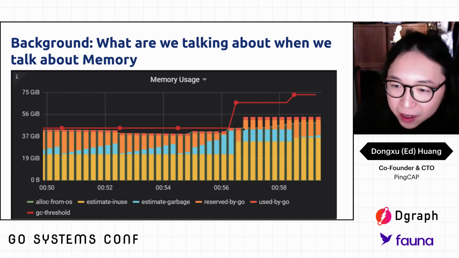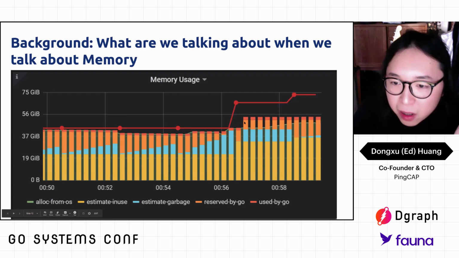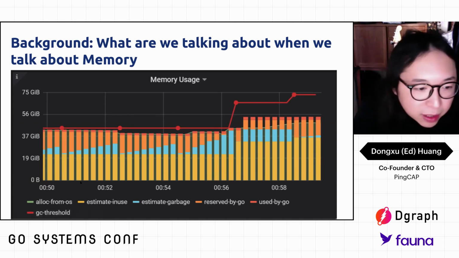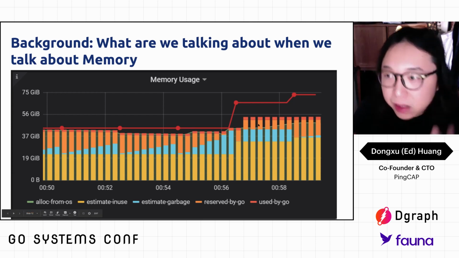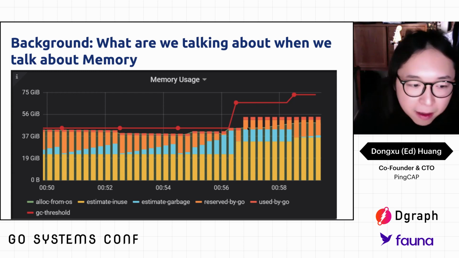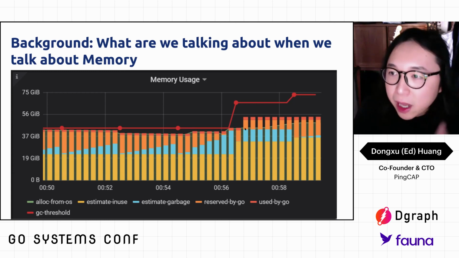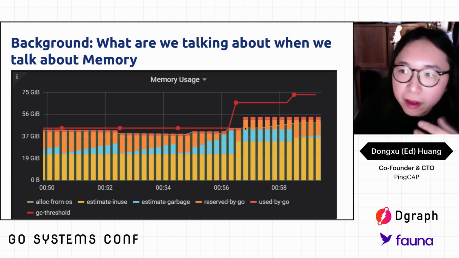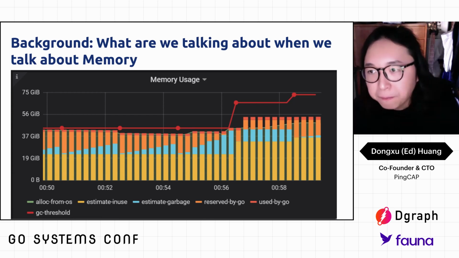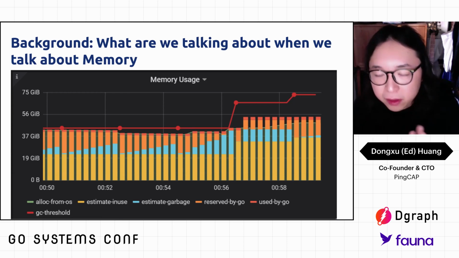As you can see here, sometimes the memory reserved by Go may be more than the memory actually allocated from the OS. It is totally normal, because the Go runtime uses mmap to allocate memory, so it is actually quite a normal situation when using the syscall mmap. Okay.